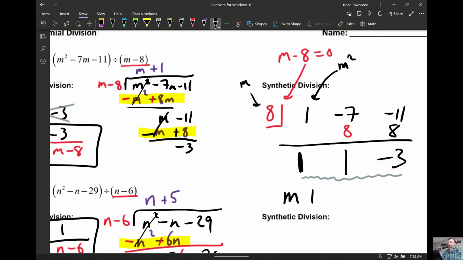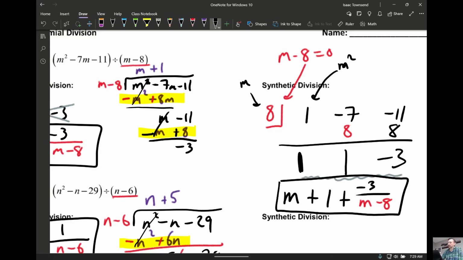The one after that would be his constant, and then the last one should always be the remainder. The remainder still needs to be added over the divisor. Now I know it's tempting to put it over 8, but you're not dividing by 8. It's just the way synthetic division works. It's just part of its setup.